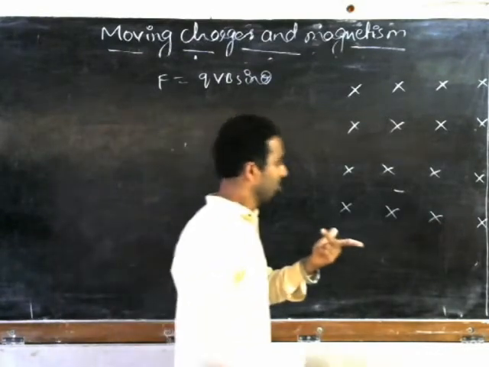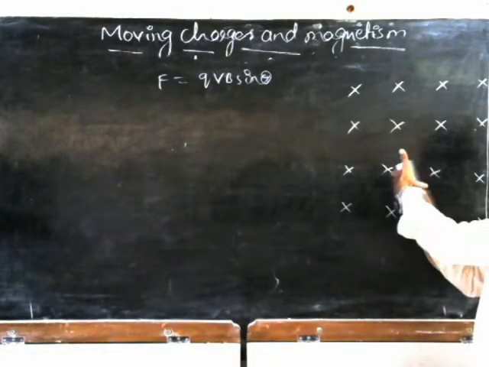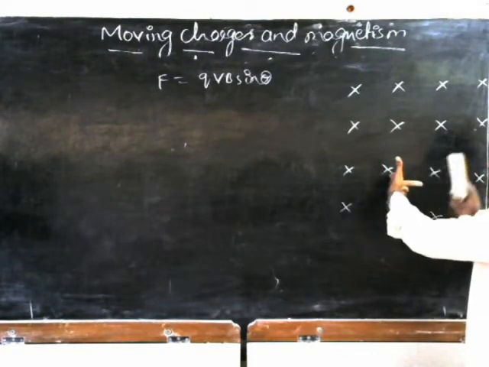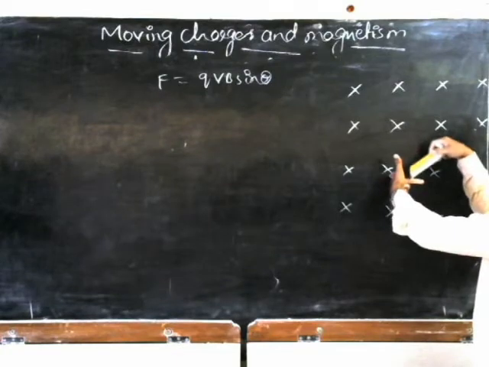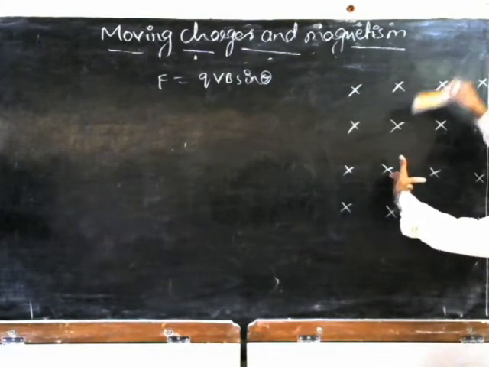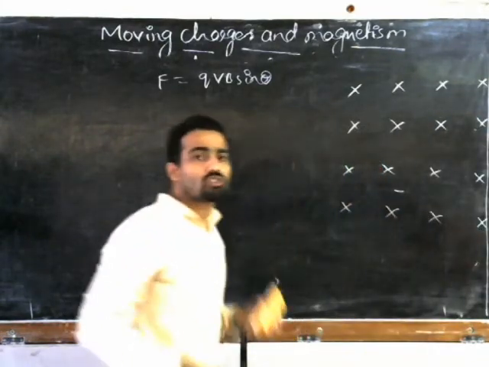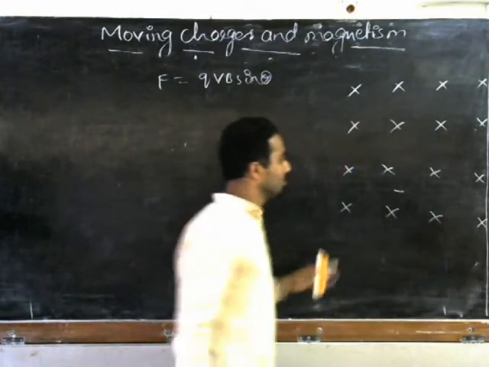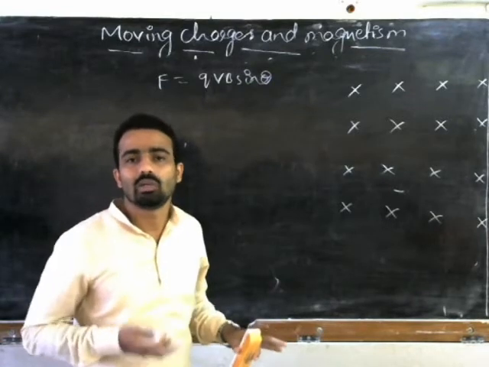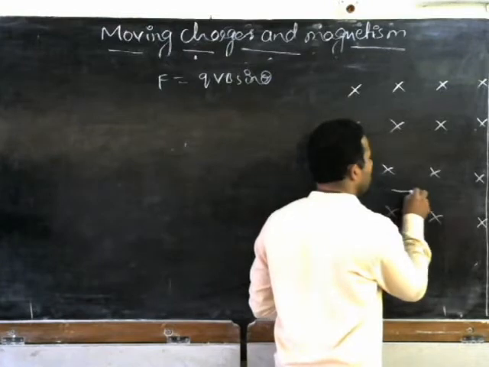The force acting upon this particle, which is moving along this direction, will be acting like this. So if the particle is trying to move along a straight path, the magnetic field won't allow it. It will drag it to some other direction, the upward direction. So the charged particle will move like this.